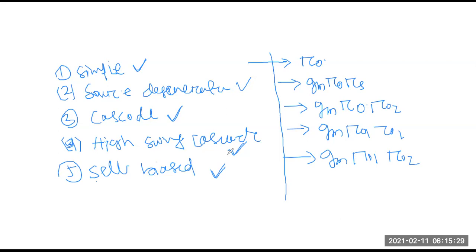Suppose your technology is 500 nanometer or 180 nanometer, where cascode solves the problem, then you can use cascode. If it is 28 nanometer and supply voltage is 1 volt, then you have to go for the self-biased one. So these are the things.